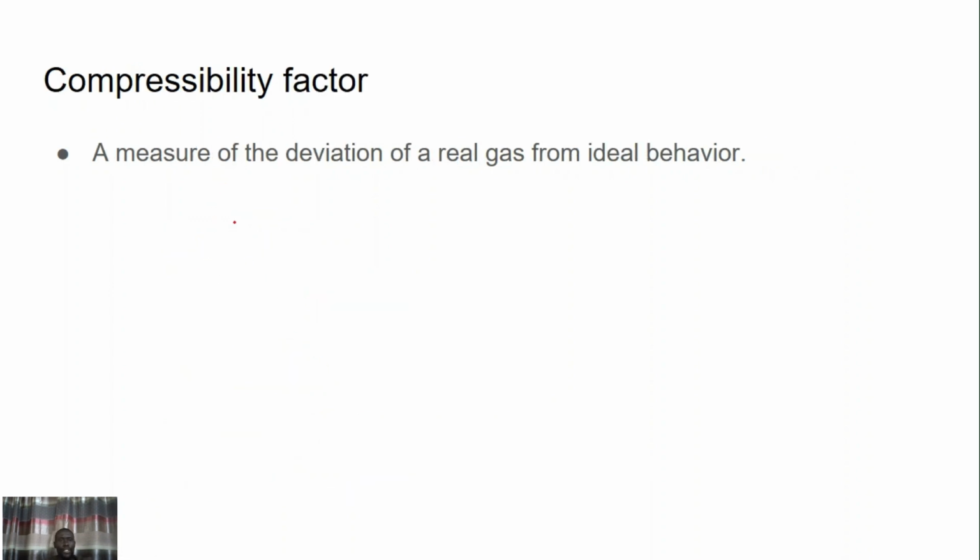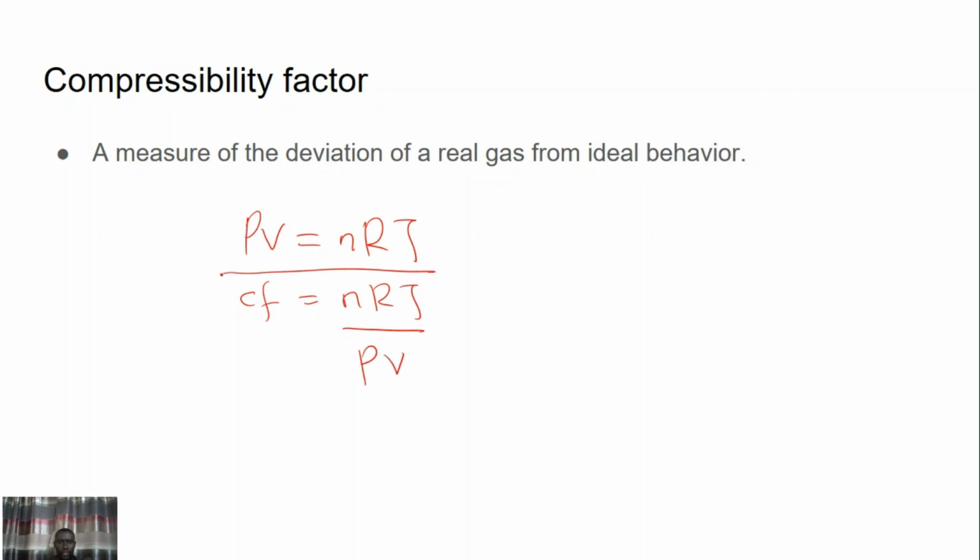The compressibility factor is derived from the ideal gas equation, which is PV equals nRT that I spoke about earlier, and the compressibility factor is equal to PV over nRT.